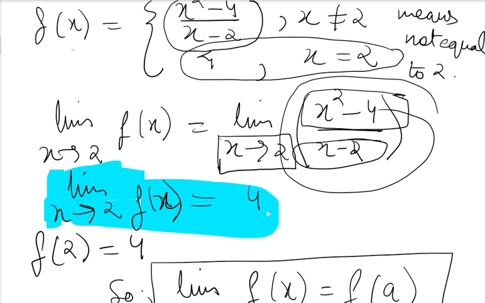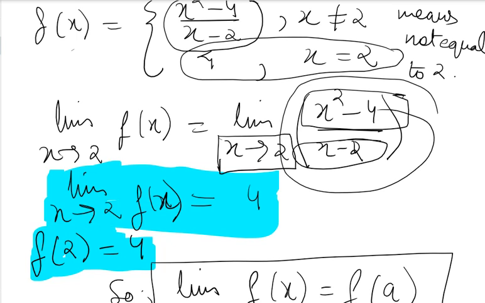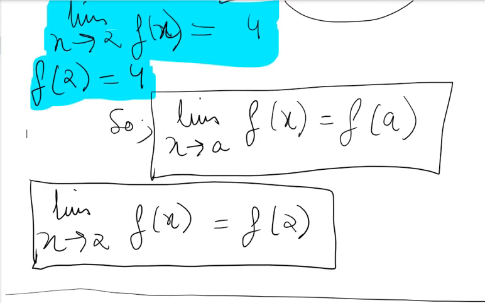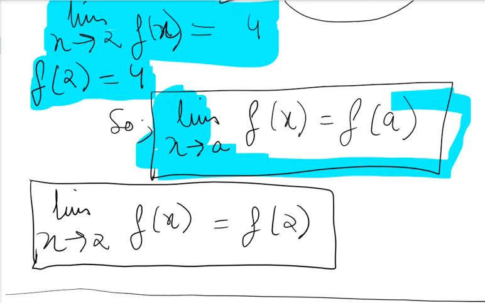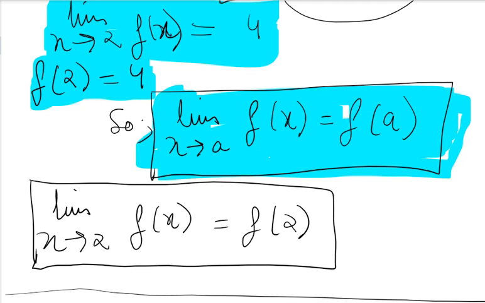I'm highlighting this in the examples when you go through the notes. The function at 2 is 4. Hence, it satisfies the condition that limit x tends to a f of x is equal to the function at a.